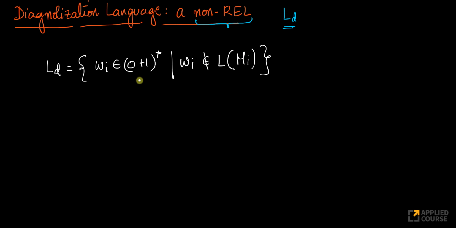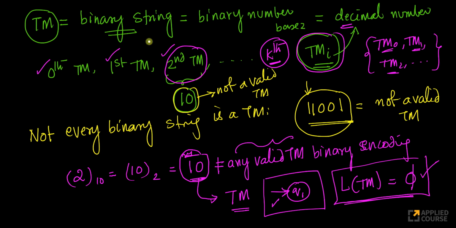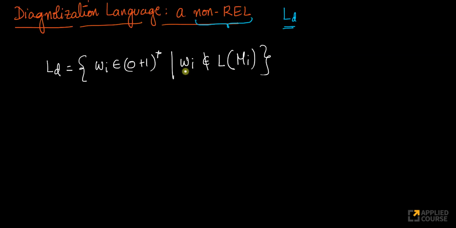We have already discussed that I can represent a Turing machine using a binary string, which means I can interpret this binary string as a binary number base 2, which means I can think of it as a decimal number. So I can think of a machine i corresponding to this decimal number. That's what I mean by this.